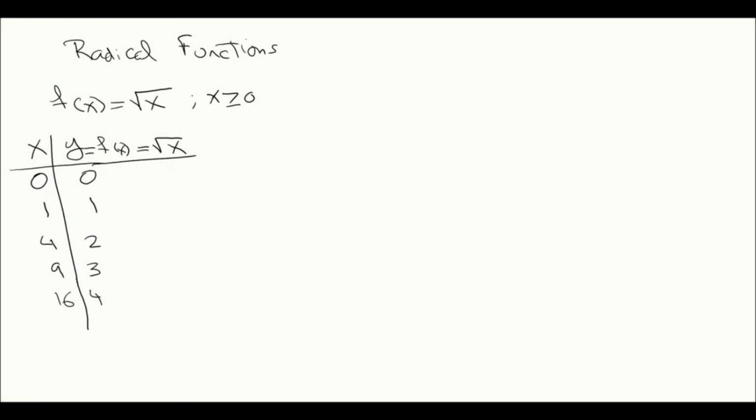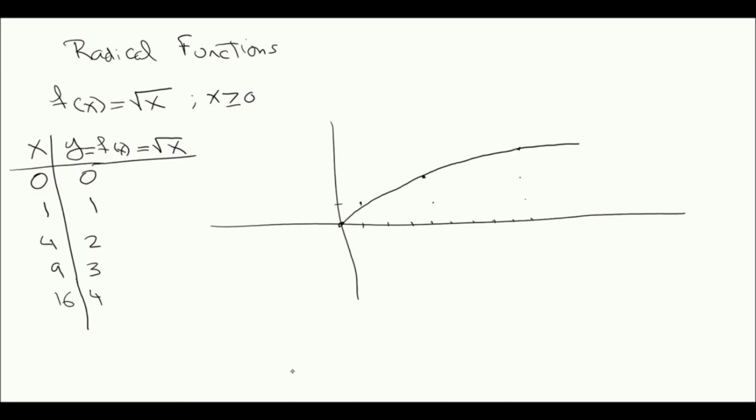Even if I just graph these first few values, so 0, 0, 1, 1, 4, 2, and 9, 3, counting 5, 6, 7, 8, 9 over and 1, 2, 3 up. So if we nicely connect these, we see that the square root function looks something like that.